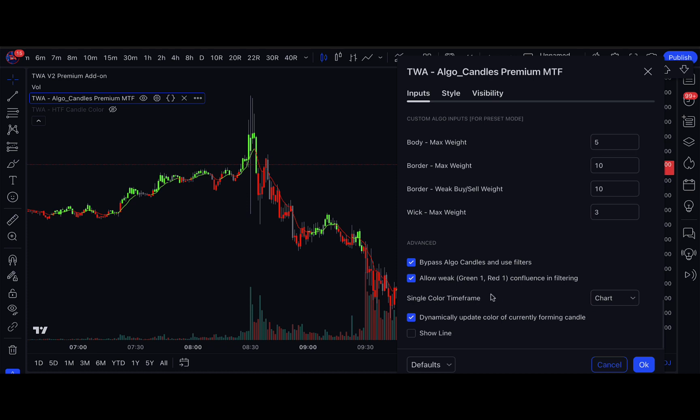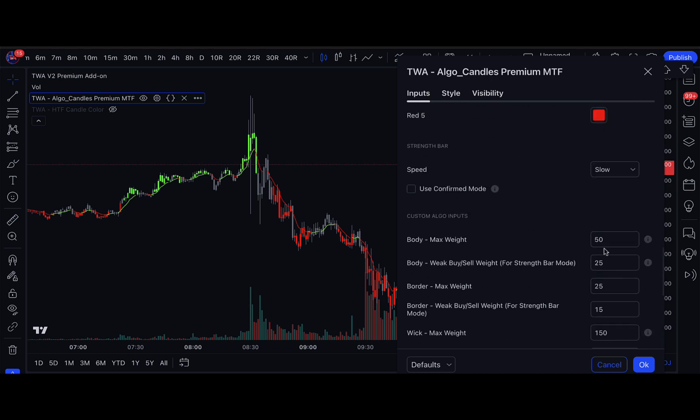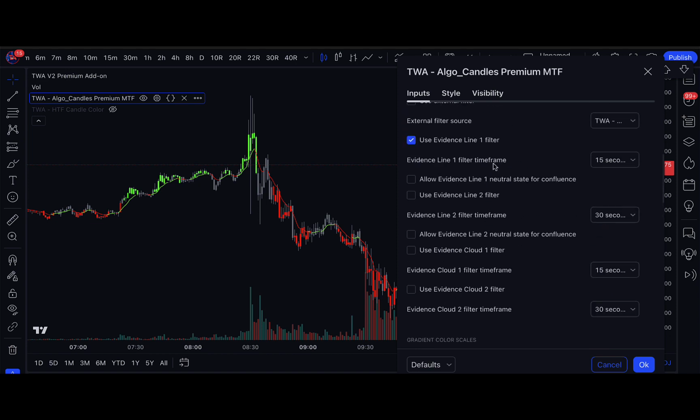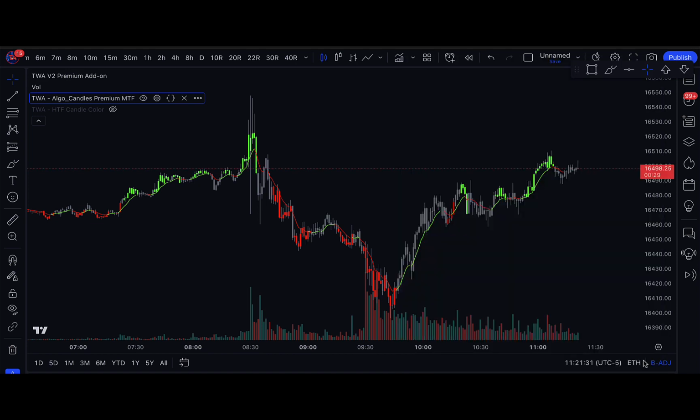Let me turn the bypass off. You can now change, guys, you can now change the candle coloring for whatever time frame you want. So let me just turn off the filter and get our beautiful algo candles back on here.